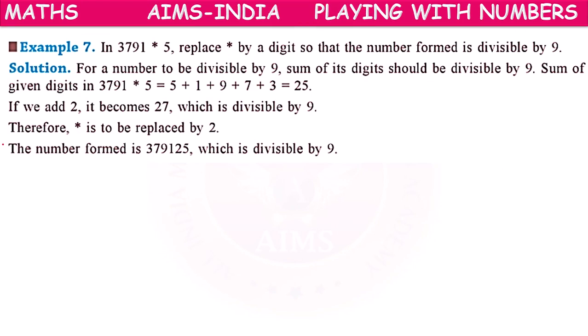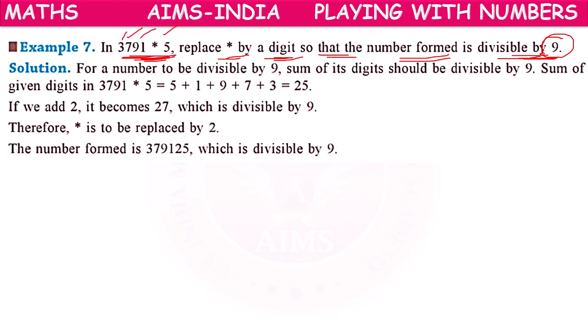Next. In 3791*5, we have an asterisk symbol here. Replace this asterisk by a digit so that the number formed is divisible by 9. How to check whether it is divisible by 9 or not? We have to do the sum of all the digits.